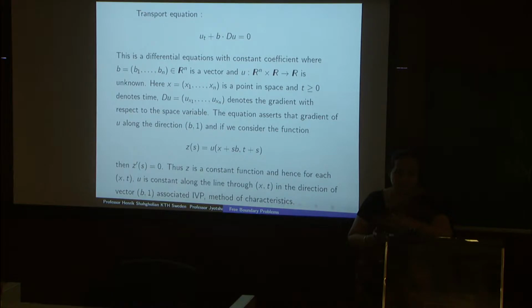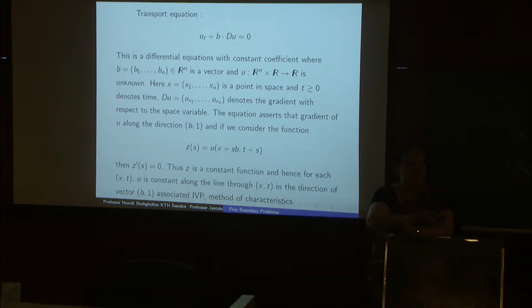What we are trying to do here is write it as a function of one variable, or a differential equation in one variable. We define the function z(s), which is equal to u of x plus sb, t plus s, for given x, t. So you fix a point x, t, and then what have I done?